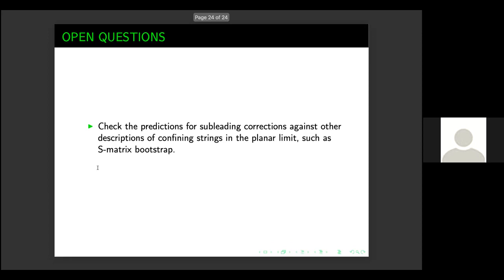And then one other thing which would be very nice would be to check the predictions for subleading corrections against other descriptions of confining strings in the planar limit, such as via the S-matrix bootstrap.